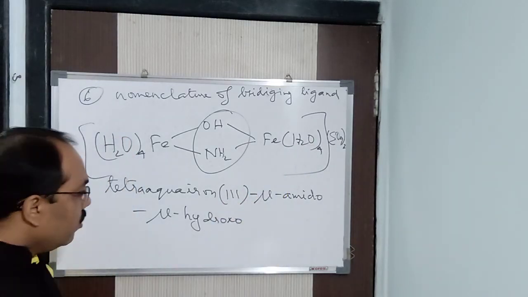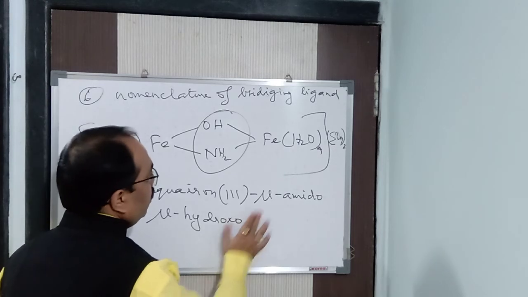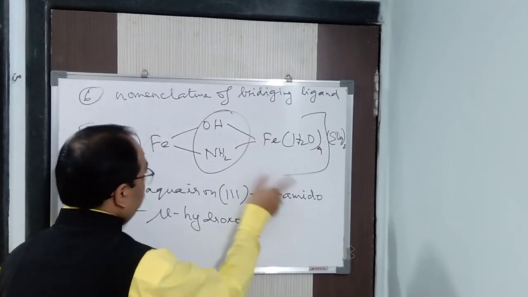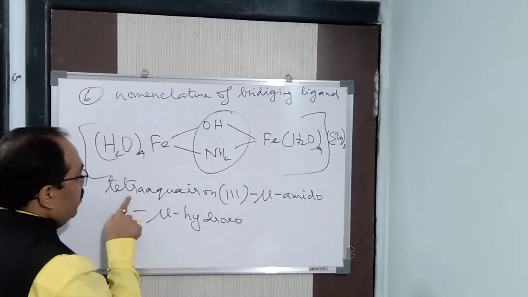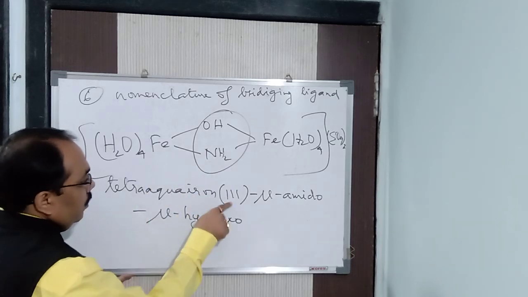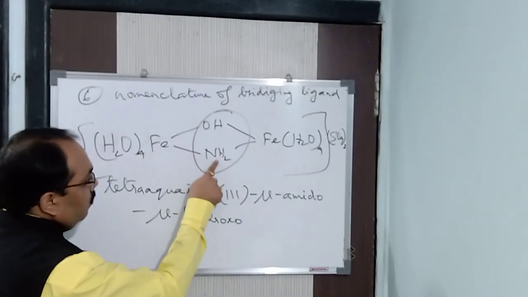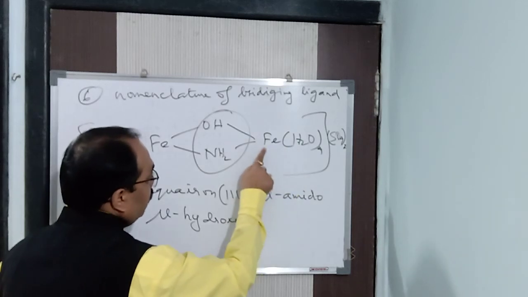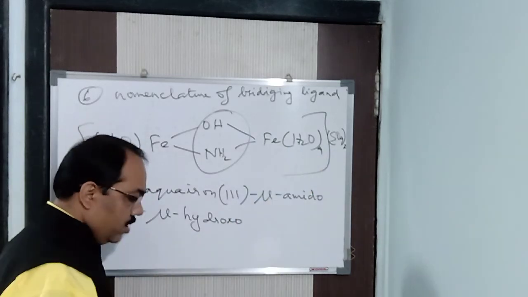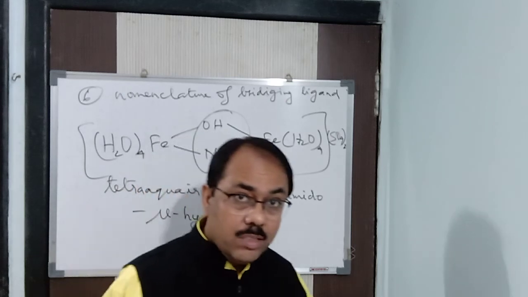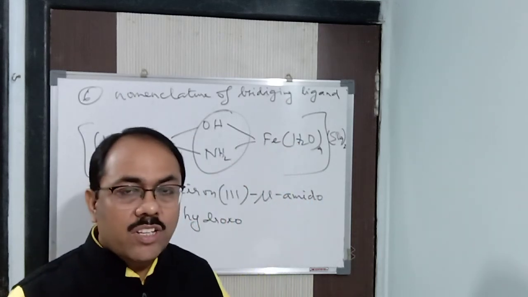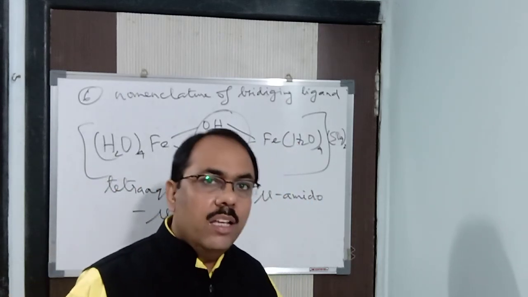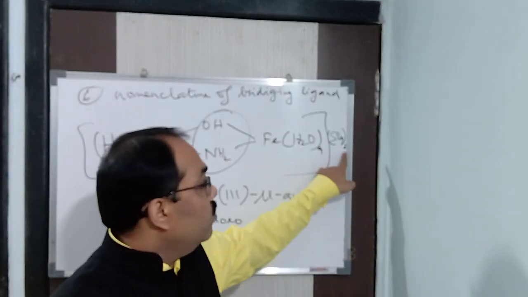Finished. In this way, if you want to complete the formula, it will be: again tetra aqua, I have started with tetra aqua. See, tetra aqua iron 3, mu hydroxo, mu amido, mu hydroxo. Then again tetra aqua iron 3, and what is that? Sulfate. SO4 is sulfate, not bisulfate. For the simple ion or the counter ion, we don't use a numerical prefix.